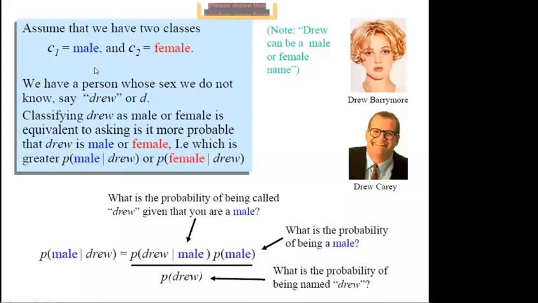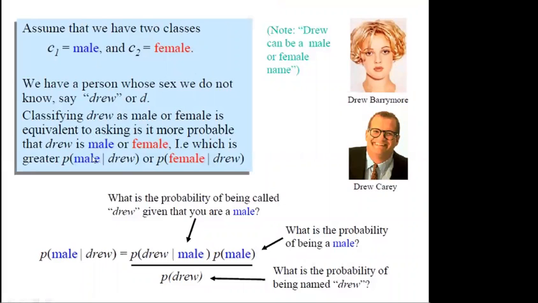That is our task. We have two classes: C1 equals male, C2 equals female. Just by seeing the name, without knowing who that person is, we should be able to classify that person as male or female.